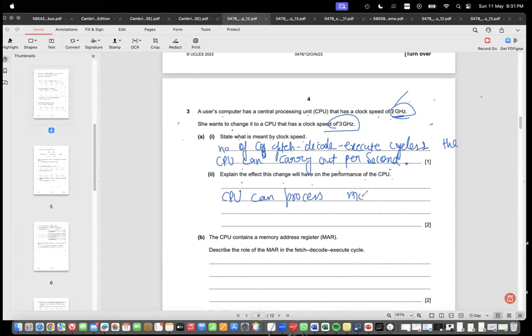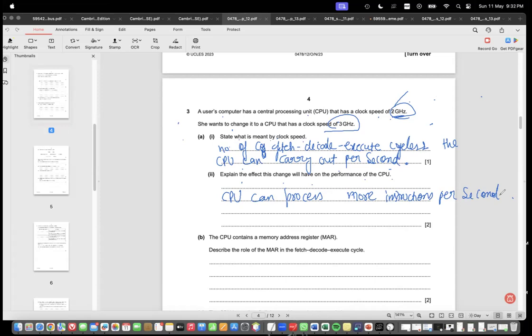So the CPU can process more instructions per second. Basically this will improve the performance of the computer, and it will allow tasks to be completed faster. So programs will run more smoothly and the system will be more responsive.